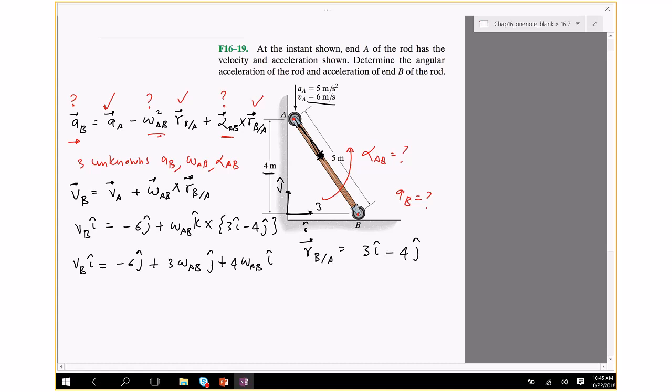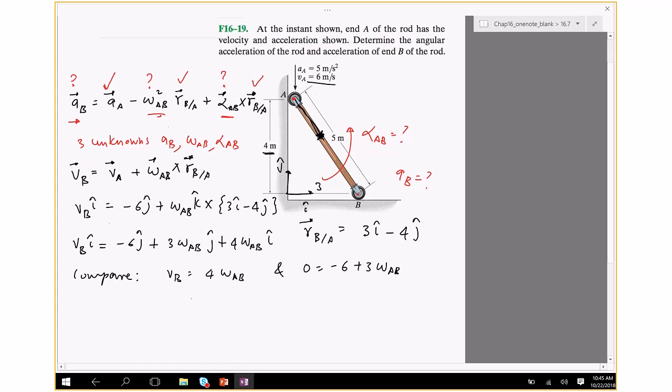Comparing both sides, we have V_B equals 4 omega AB and 0 equals minus 6 plus 3 omega AB.